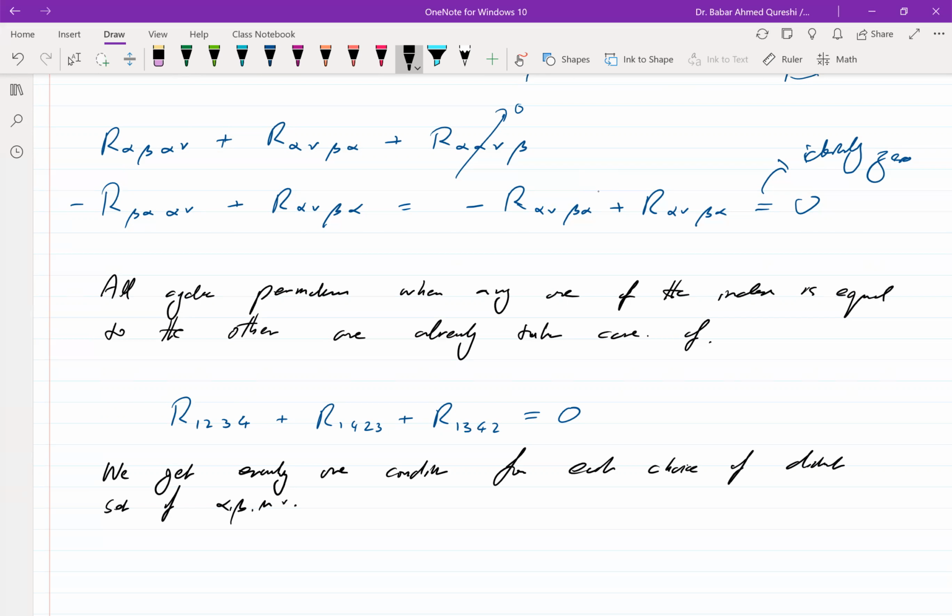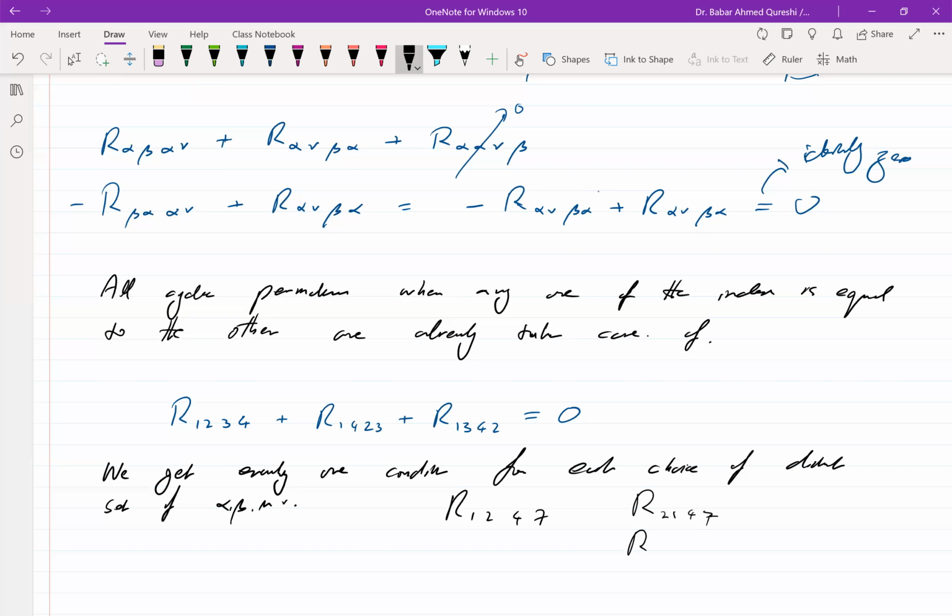Because if I start with this thing, I'm choosing them to be, let's say, suppose I'm not even in 4 dimensions, let's say I'm in 8 dimensions, I just pick these. If I start with one of them, this is as good as starting with any other order. Because for example, I can exchange this and get this.